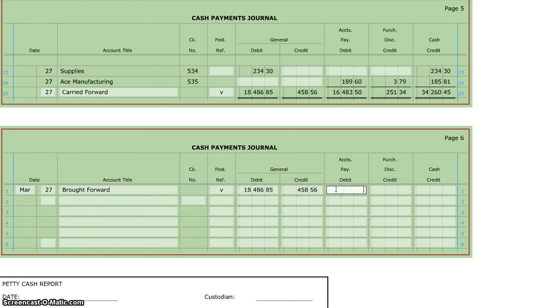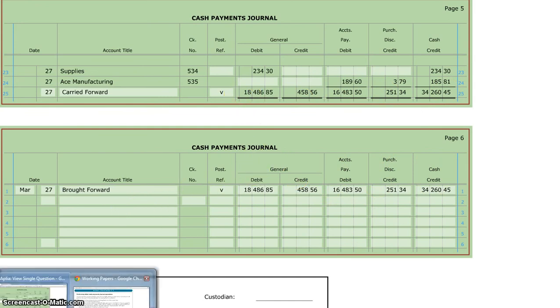And you have the accounts payable debit right here, which is 16,483.50. And you have your purchases discount, which is 251.34. And obviously, last but not least, you have your cash credit, which is 34,260.45. All right, so you'd want to make sure that all these numbers are correct. And we're just going through and making sure that they are correct and they're good.